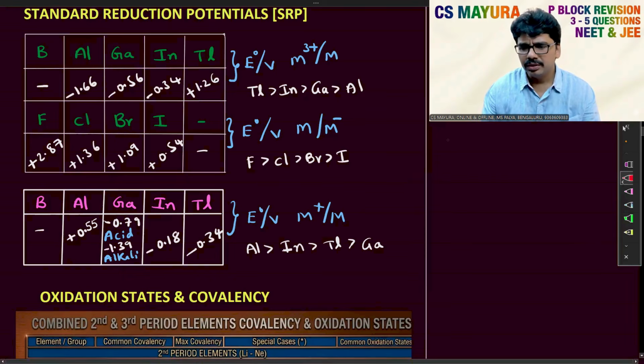Now, when I take a metal, its standard reduction potential depends on three factors.